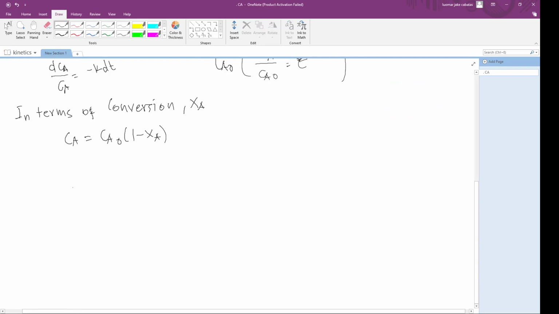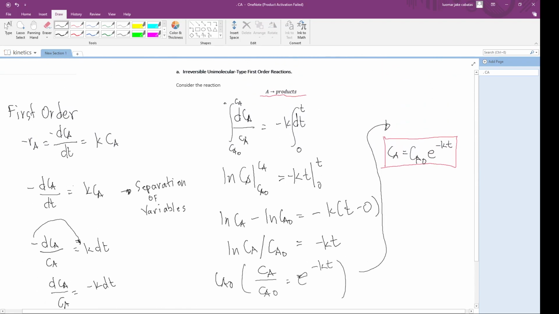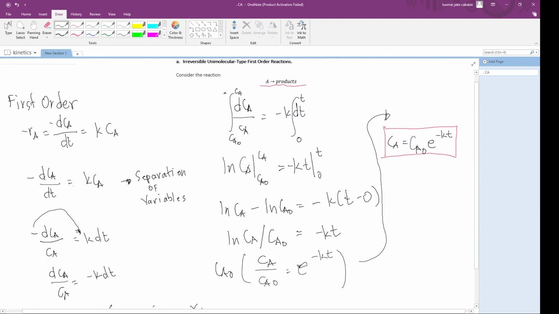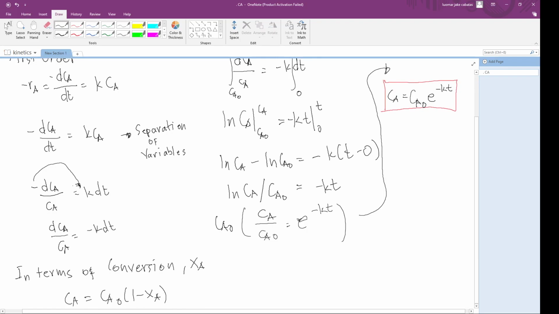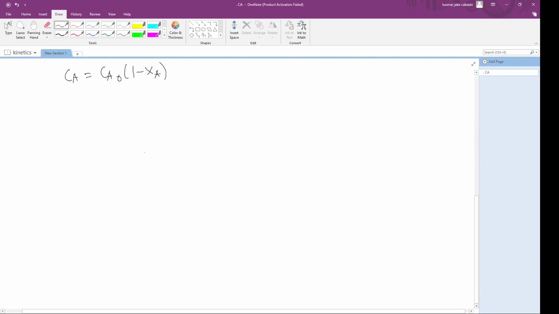In some problems, it's the conversion of a certain reactant. So we need to find the equation for XA in terms of CA0, because usually CA0 is given.